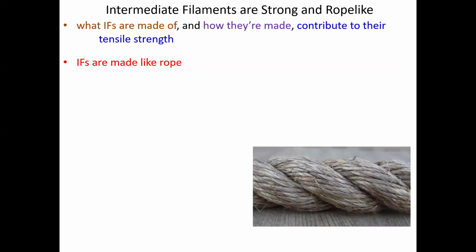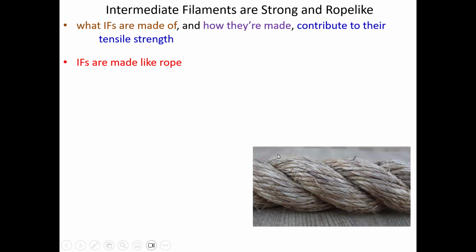Here's a close picture of rope. And let's take a good look at that picture. Rope is made up of very, very thin fibers that are twisted together. So we see some of those thin fibers kind of poking out here and poking out here. So those thin fibers are twisted together to make these fibers, right?